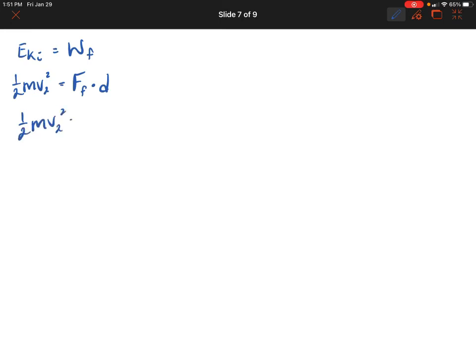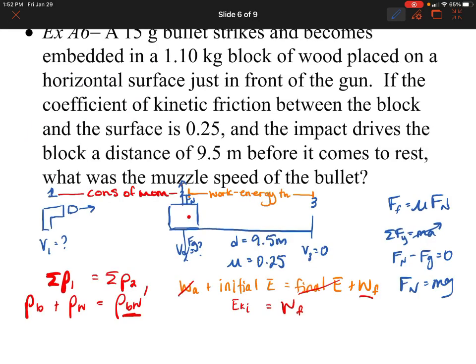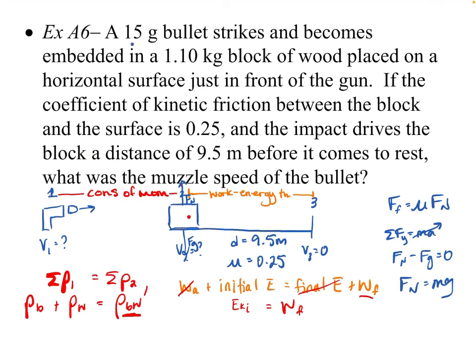So 1/2 m v2 squared is equal to mu Fn, which is of course mg, times the displacement. And I think we have everything. So remember, this is the mass of the bullet and wood block together.